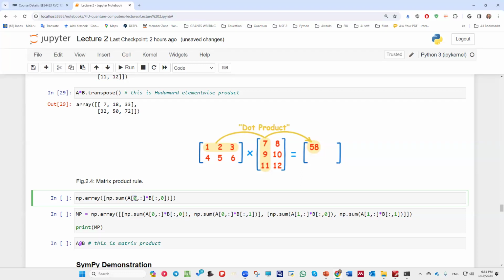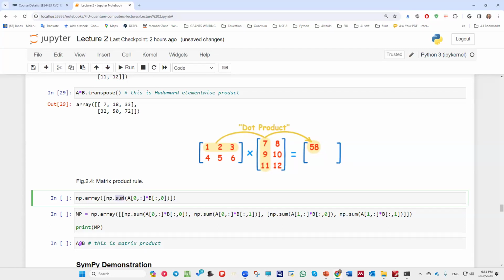Again, the numbering of rows, columns, and elements in any list, array, or matrix in Python starts from 0 and ends at n-1. So 0 means 1. So the first row of the first matrix times the first column of the second matrix.